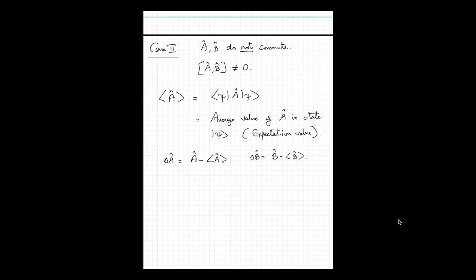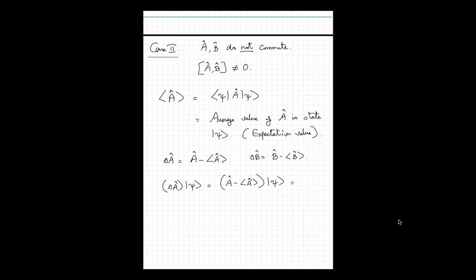Now, if two operators do not commute, what is formally delta A? Delta A in quantum mechanics, unlike in the case of simple ages, does not have a meaning by itself. Delta A should be understood as delta A acting on some state psi, which is A minus the average value of A, acting on the state psi.